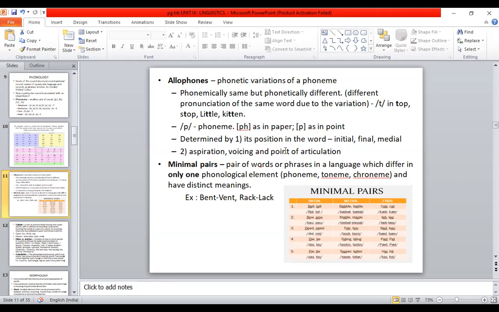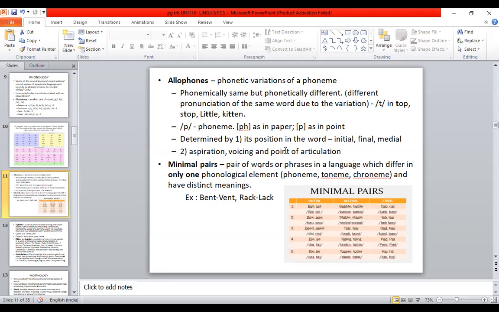Aspiration: whether we let out air or whether air is suppressed and then let out through the nose when it comes to nasals, and through the mouth sometimes. So what exactly is happening when we pronounce these sounds? That is what determines allophones. So what are allophones? The phonetic variations of a phoneme. Please remember: the phonetic variation of a phoneme.